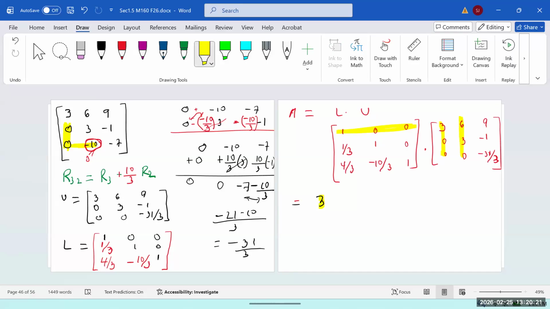In the second column, the 0, 0 will cancel this 3, 0, so we're left with 1 times 6, which is 6. And then we multiply the third column. Again, in the third column, the 0, 0 will cancel the second and third entries, so we're left with 1 times 9, which is 9.